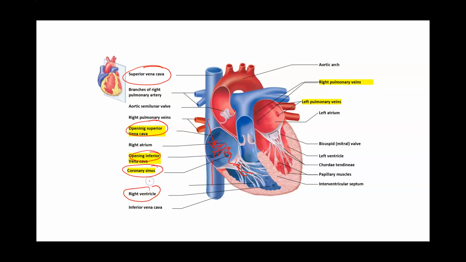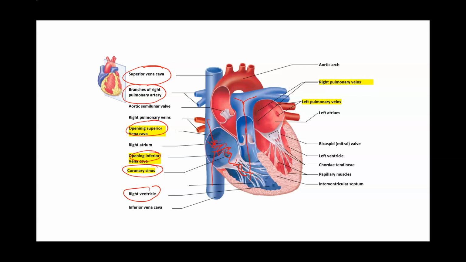From the right ventricle, blood will be pumped out through the pulmonary semilunar valve into the pulmonary trunk, and then diverted into right and left pulmonary arteries to go towards the lungs.